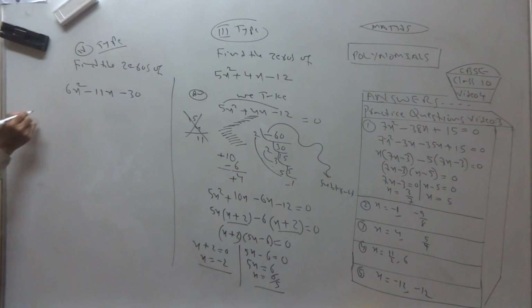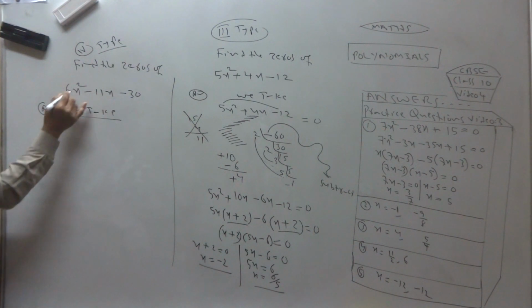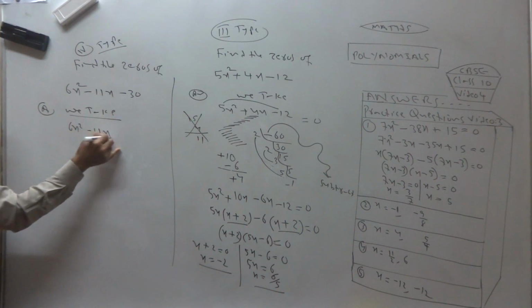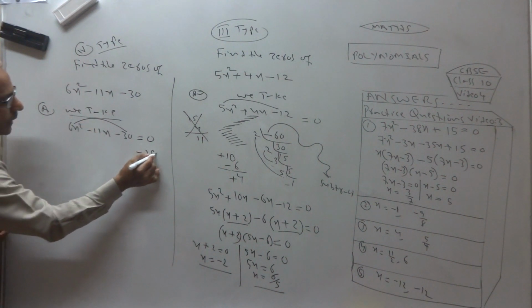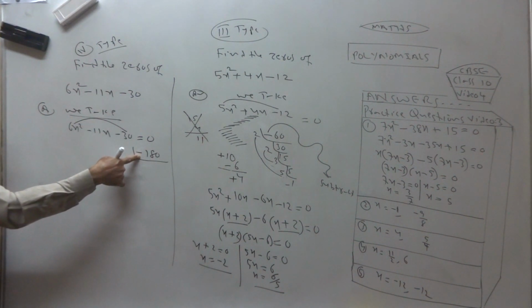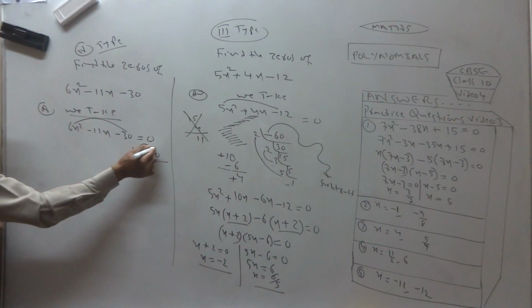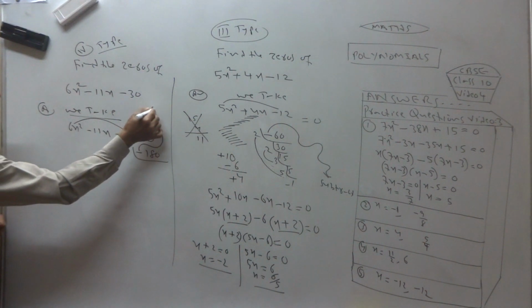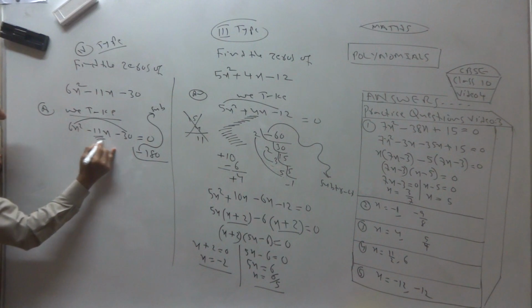This is the last type. So first we take this equal to 0. 36 are 180 minus. The sign is important to write. Don't forget. Minus 36 are minus 180. This minus shows that you should subtract. Subtract to get 11. We have to get 11.